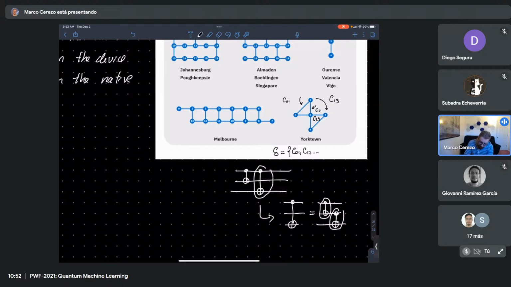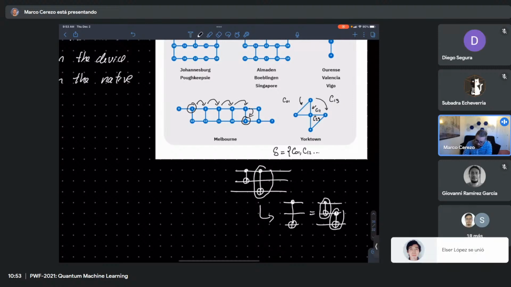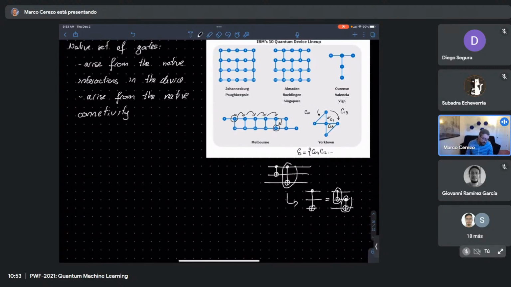Say that I'm using the Melbourne device. I want to connect qubit 1 with qubit 9. Whenever you draw the quantum circuit, it's very easy to say just put a CNOT there. In practice, I'm going to have to propagate the information between all of the connected qubits to finally make qubit 1 and 9 interact, and this leads to very deep circuits. So the connectivity of the device actually plays a very key and important role.